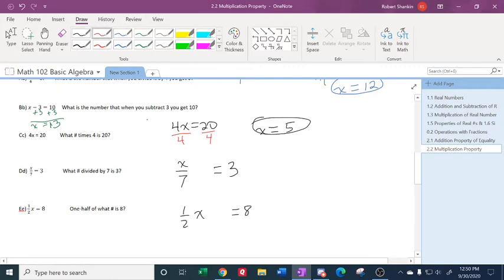And we'll give you about 15 seconds more. They take a little bit to get used to when they have these fractions.